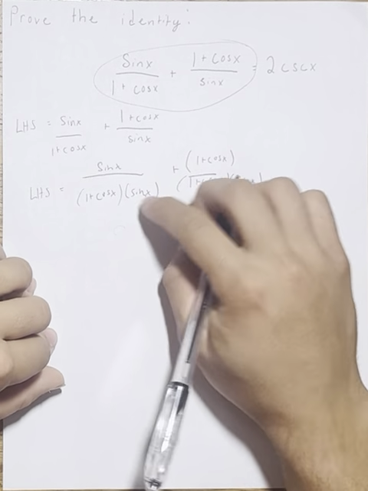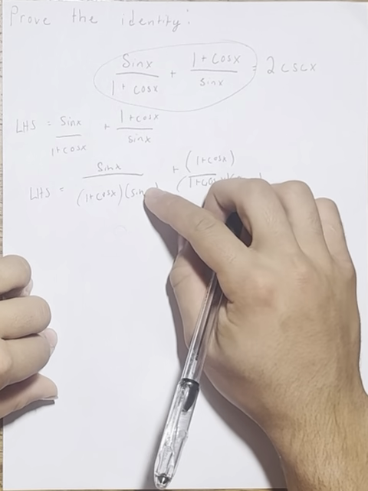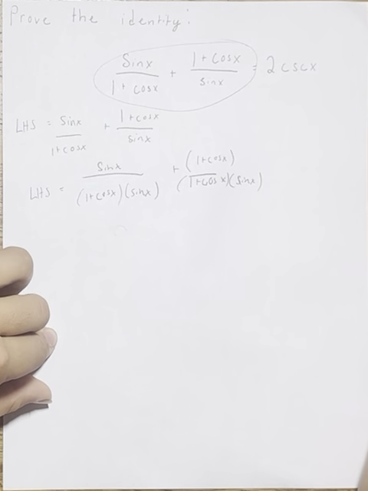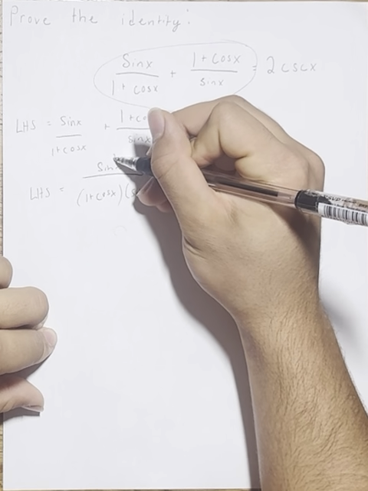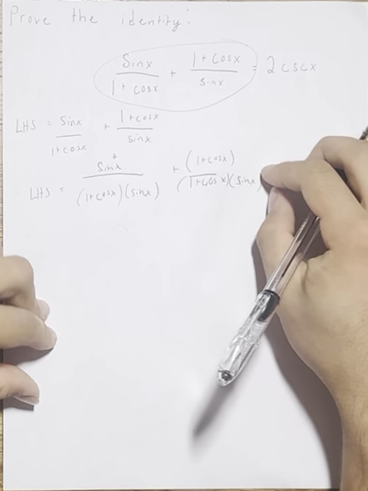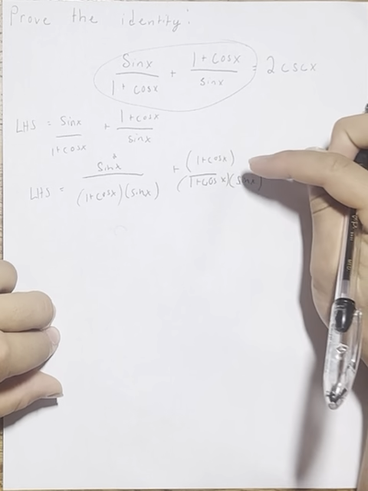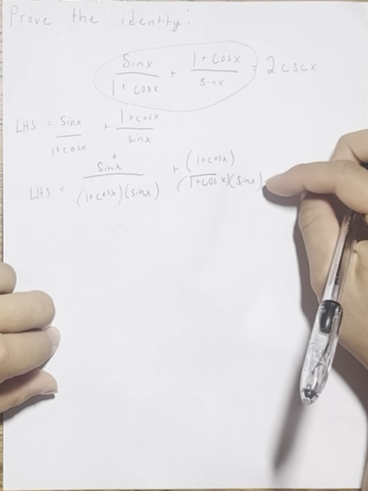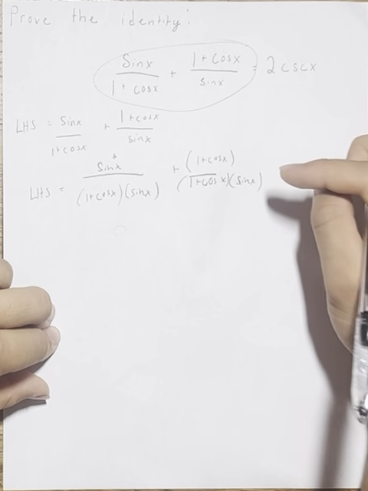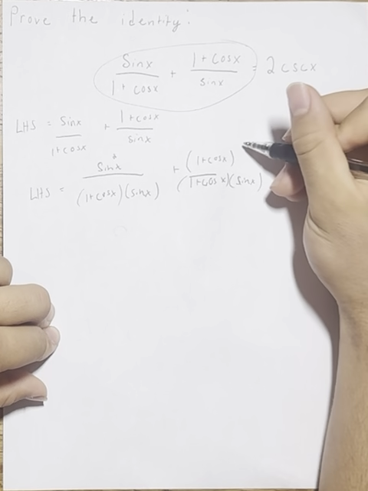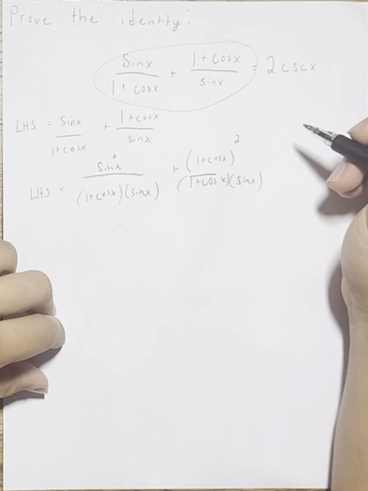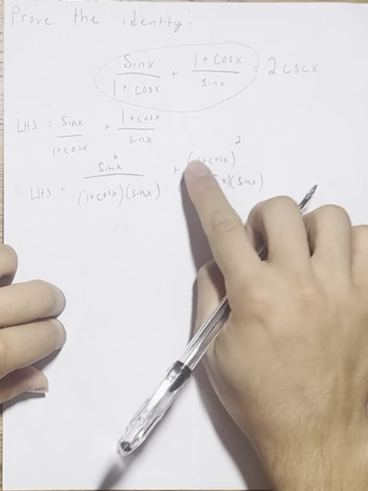Now, in this case, we're multiplying by sine x, so the top value gets multiplied by sine x, which would give you sine squared x. And over here, we had sine x as a denominator, so we're just multiplying by 1 plus cosine x. So this would be 1 plus cosine x squared, and this whole thing is squared.